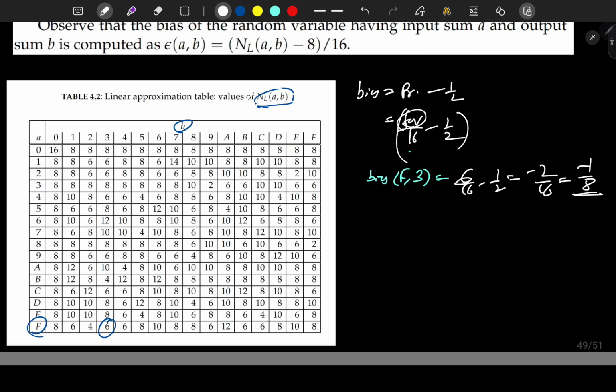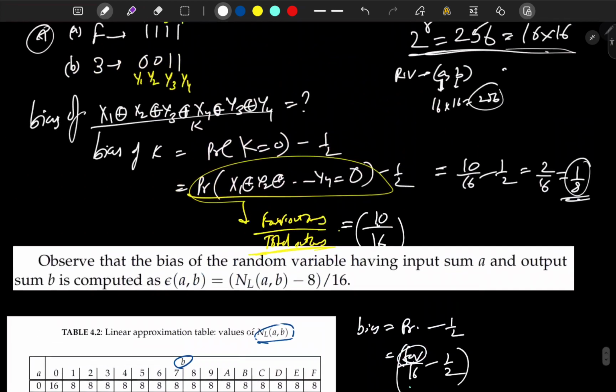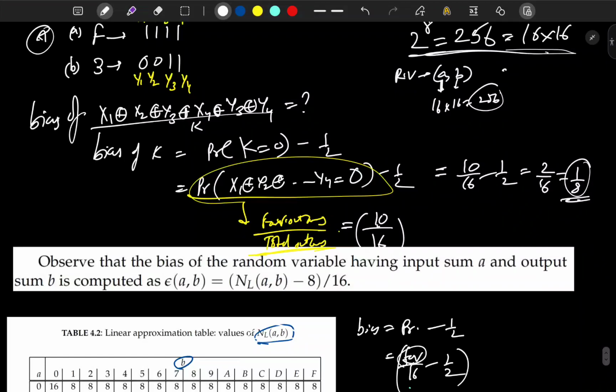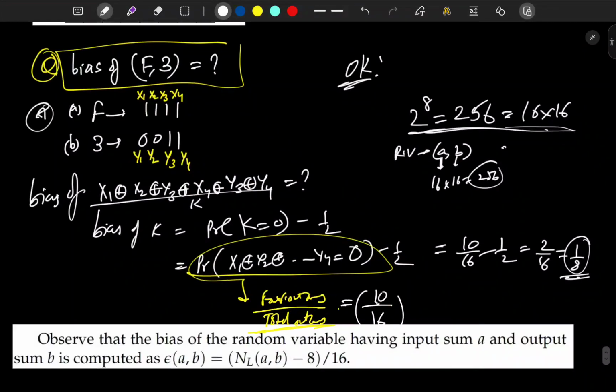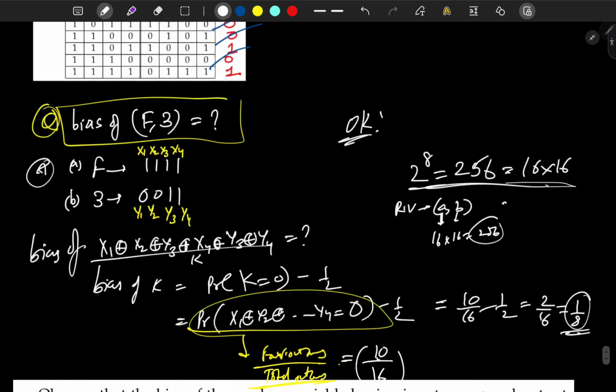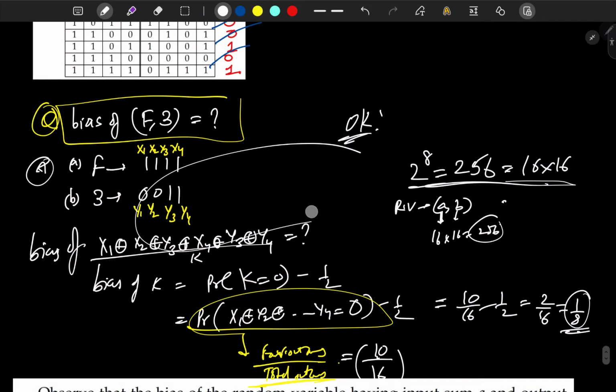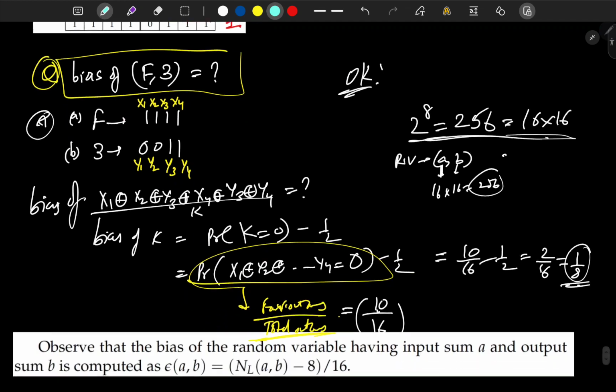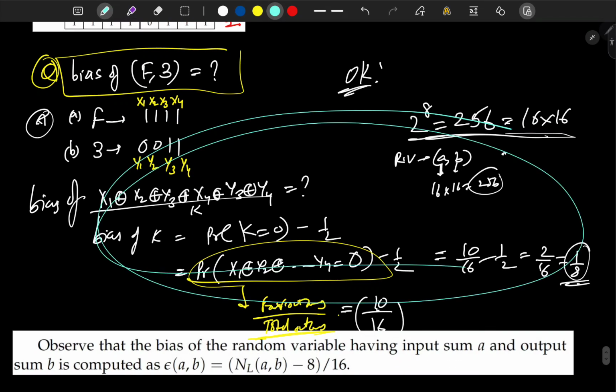Okay, so this is what I have to get. See here, I got minus 1 by 8, that means I have done something wrong in this. So please try it once again.